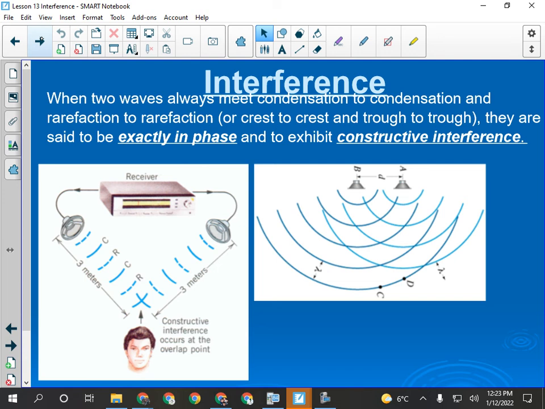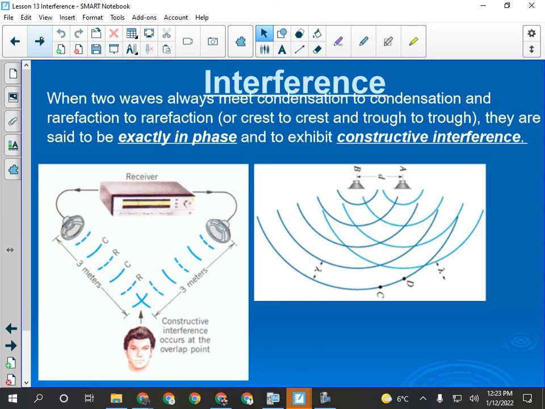So what's happening is, if I'm exactly the same distance away from both speakers, there's the same number of wavelengths traveling to me from each one. So they're going to arrive in phase, and I'm going to hear a sound that is actually louder than what is being produced. Let's say the sound being produced is 50 decibels, about normal conversation level.